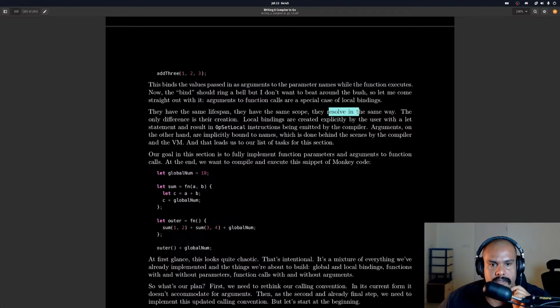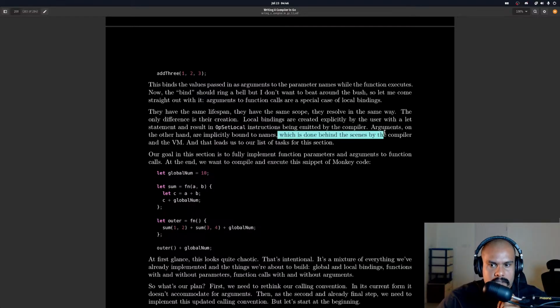The only difference is their creation. Local bindings are created explicitly by the user with a let statement, and the result in offset local instructions being emitted by the compiler. Arguments, on the other hand, are implicitly bound to names.